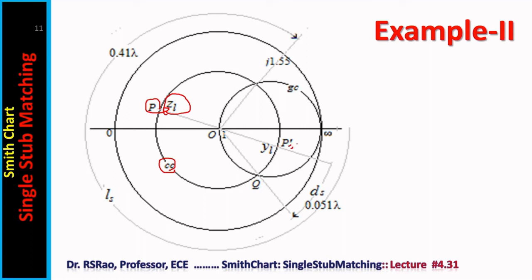P prime represents the normalized load admittance. From P prime, in the clockwise direction, I have to move over the SWR circle until point Q is reached. The distance moved gives ds, the distance of the stub from the load. It can be measured from the scale. It turns out to be 0.051 lambda.